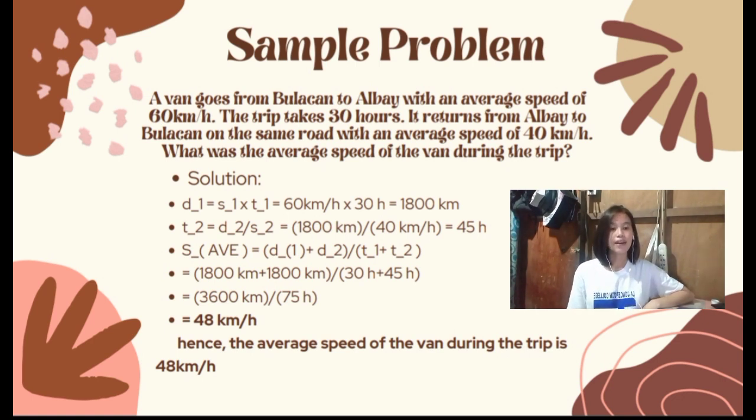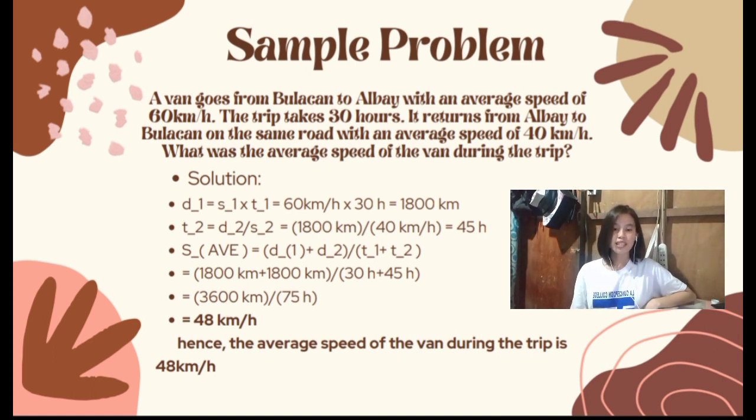Ngayon, kukunin na natin si average speed. Using the formula, average speed is equals to total distance over total time. So, dahil dalawa yung time natin at dalawa yung distance natin, 1,800 kilometers plus 1,800 kilometers over 30 hours plus 45 hours.